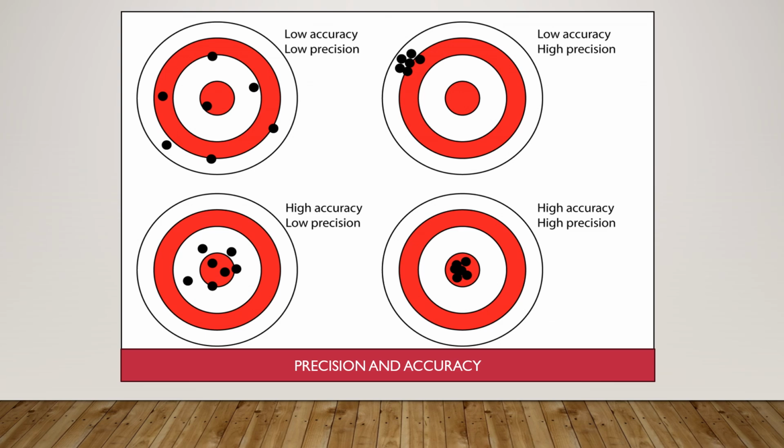Then sensitivity indicates whether the method could be utilized to test a very dilute solution. For example, suppose we are doing some analysis for protein. For protein analysis we use the simple colorimetric biuret method. It will give you the protein result in grams.